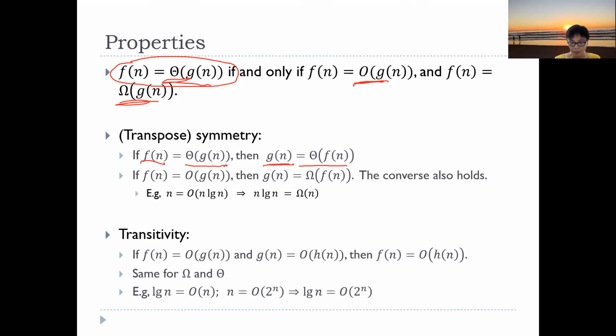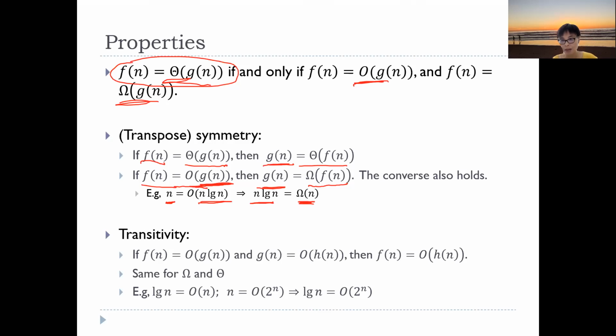And if f of n is bounded from above by g of n, so intuitively smaller than or equal to, then naturally g of n is bigger than or equal to f of n, and the converse also holds. Using a concrete example, if I say that a linear function is at most n log n, clearly n log n is bigger, so that also implies that n log n is bounded from below by n.